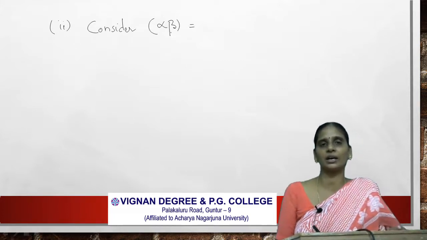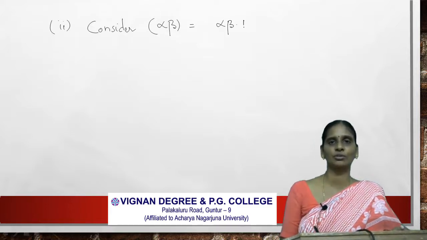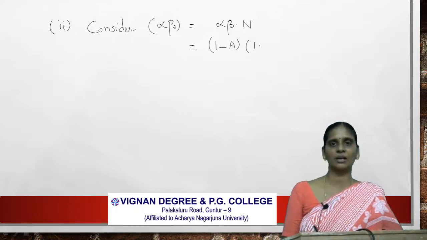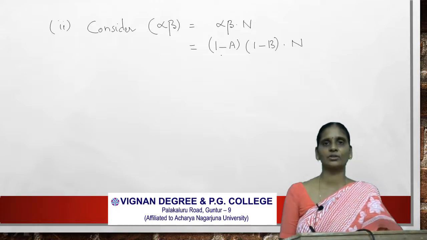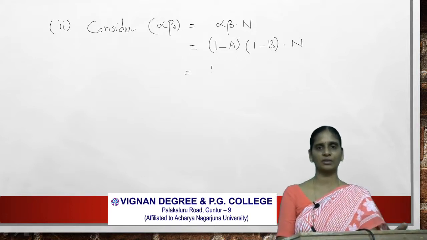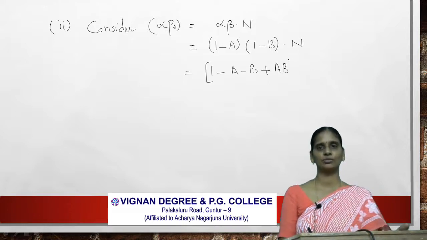Frequency of alpha beta can be written as alpha beta into n. Again, alpha can be replaced by 1 minus a, beta can be replaced by 1 minus b, into n. So we have to multiply 1 minus a into 1 minus b. We get 1 minus a minus b plus ab, into n.